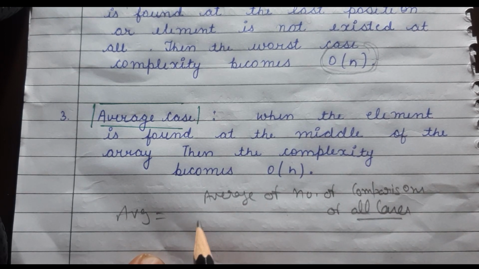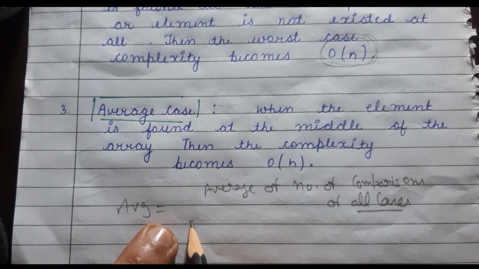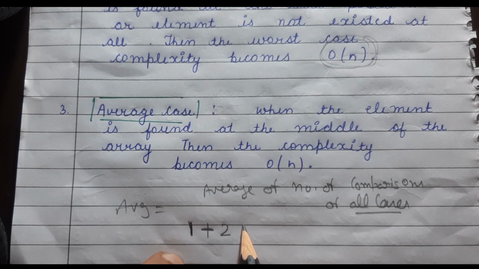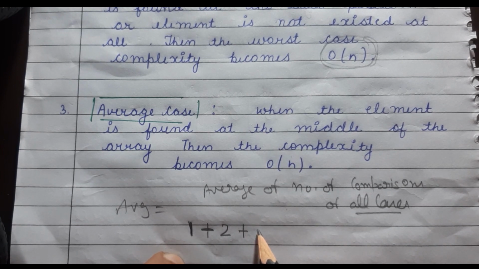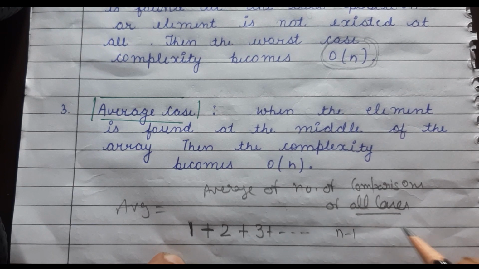If your element is at the first position, you perform only a single comparison. If your element is found at the second position, you perform two comparisons. If it is at the third position, you perform three comparisons, and so on. If your element is placed at the nth position, we perform n comparisons.